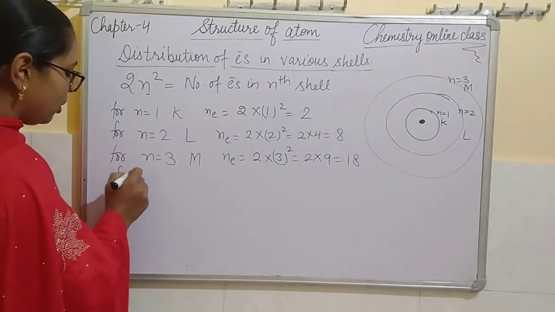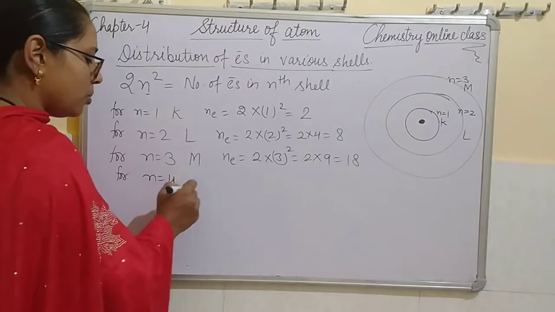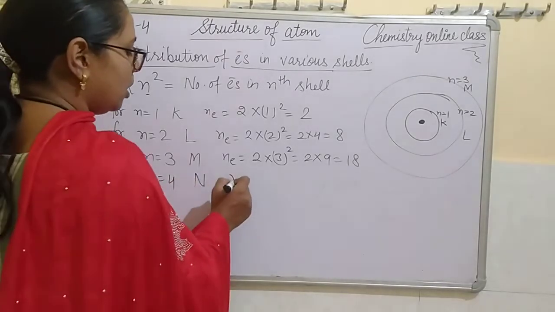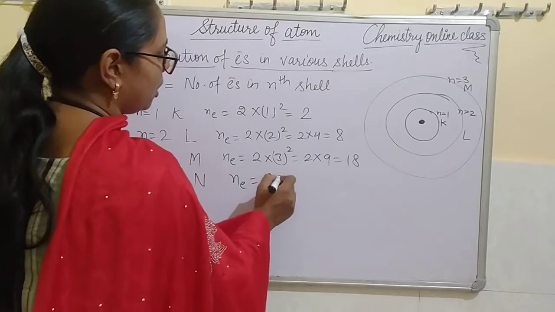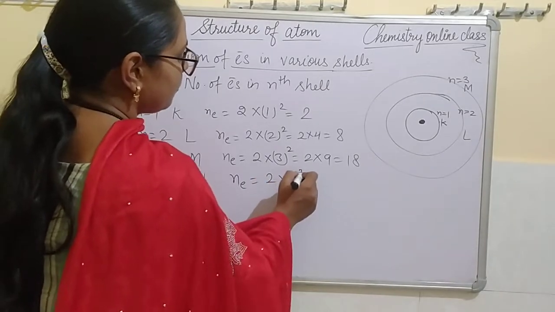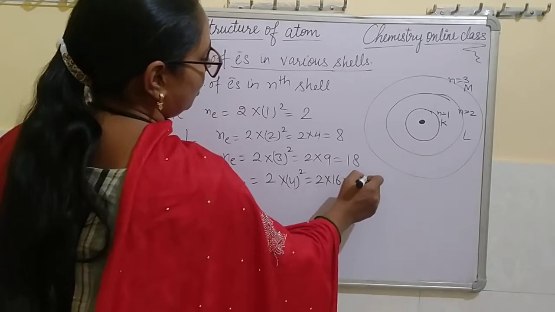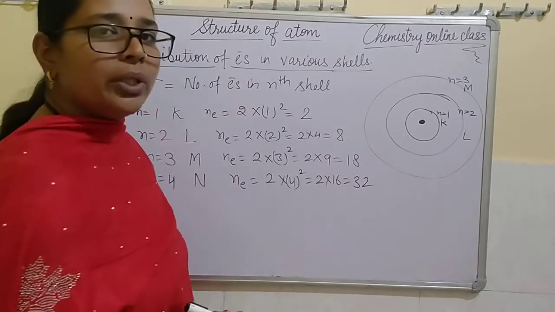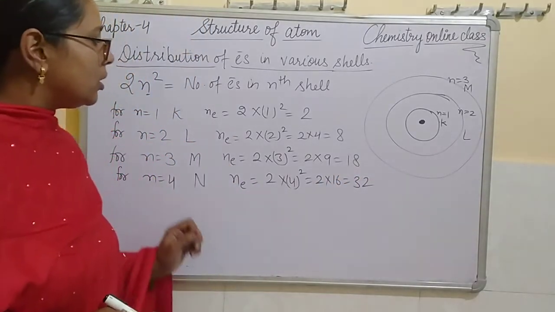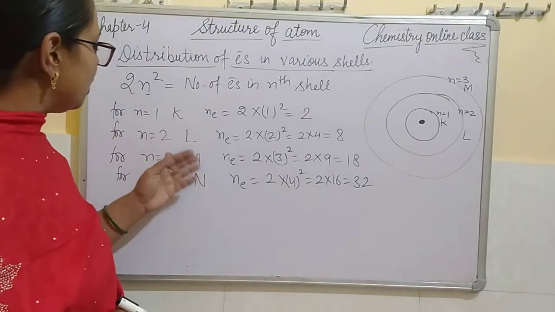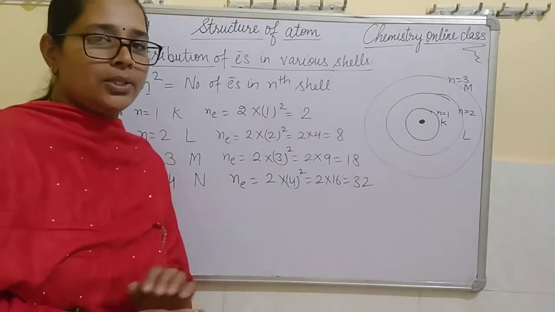Similarly, we can calculate for n equals 4, that is for N shell, the number of electrons comes out to be: 4 square is 16, 16 times 2 is 32. So in this way we can fill the number of electrons in different shells.